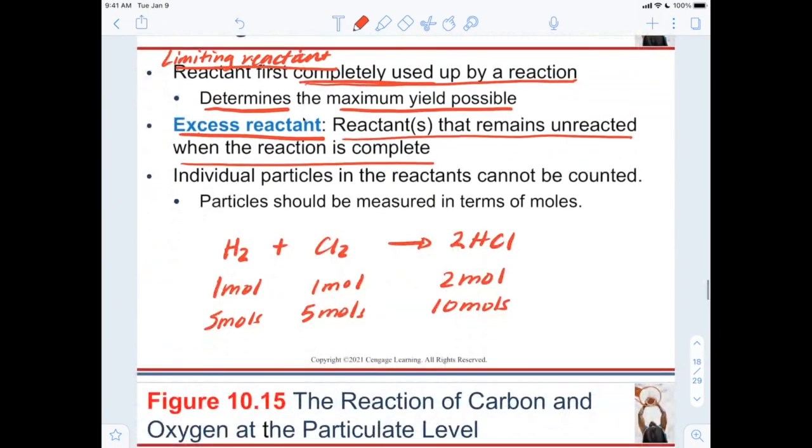So these relationships, by the way, are called stoichiometric amounts. They're balanced. It's what we expect. So knowing that the amounts have to be equal, if I say I have 10 moles of H2, but I still have only 5 moles of Cl2, then only 10 moles of HCl will be made.